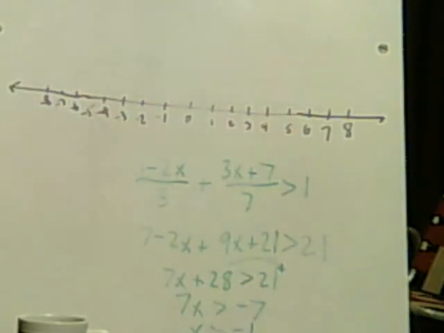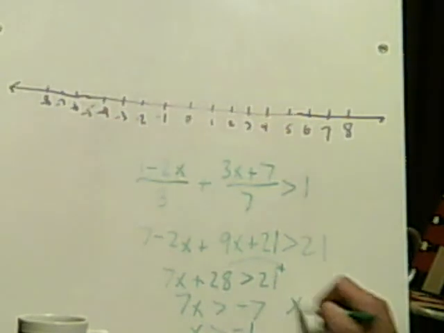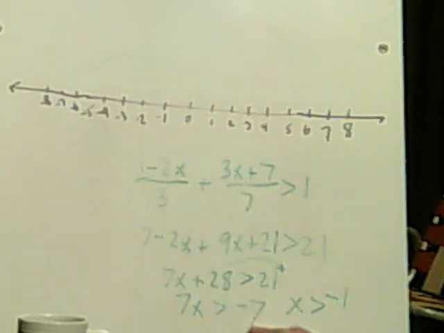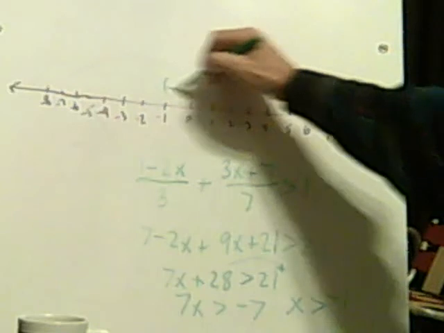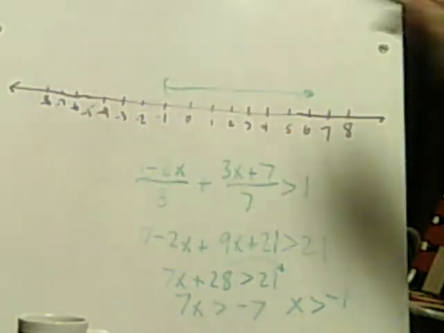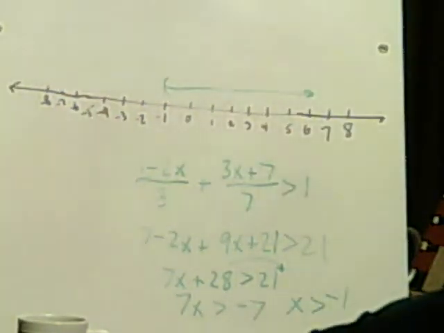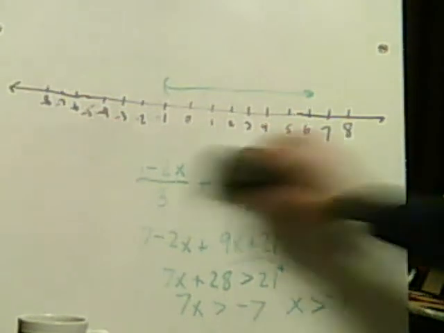Looks like I just went slightly off the scale there. x is greater than negative 1. That was the last line. So, negative 1, open interval, greater than. Okay, that was number 32.